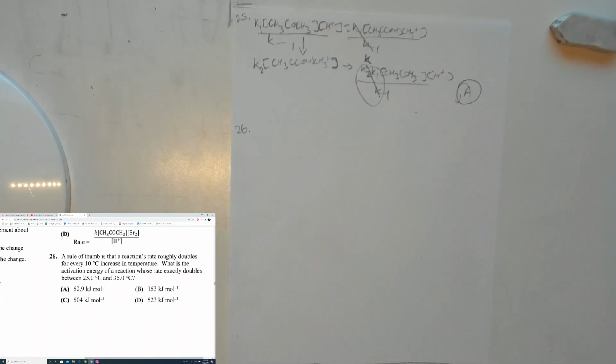So what increases the rate if the temperature is increased? It is in fact the rate constant, because the rate law is rate equals the rate constant times a certain concentration, and the concentration is constant. If you want to double the reaction rate, K must double.